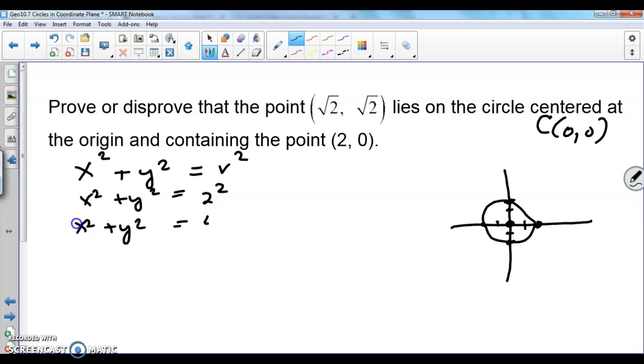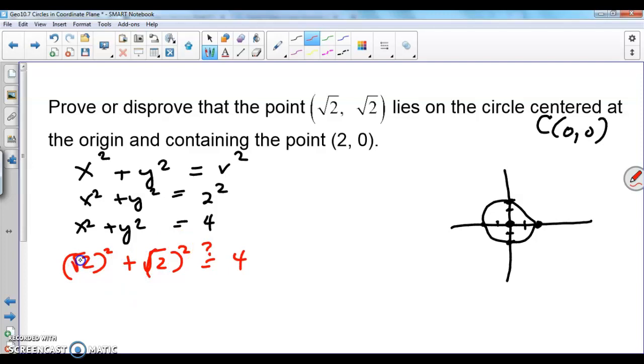There you go. Okay, so now how are we going to show that this radical 2 is on the circle, or how do we prove or disprove that? Well, let's substitute it and see what happens. If I substitute radical 2, I'm going to get root 2 squared plus root 2 squared is equal to 4. Well, we don't know yet if it's equal, but that's what we're trying to show.